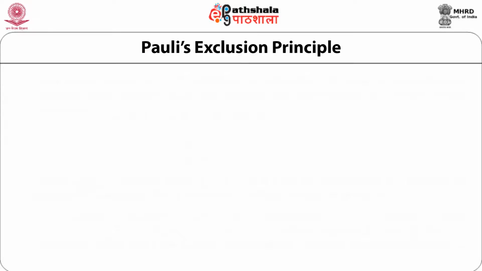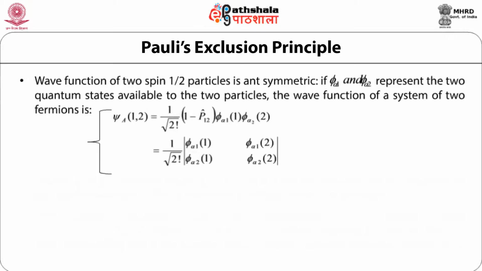Pauli's exclusion principle. Now, we know that the fermions have half-integral spins, whereas the bosons have integral spins. So, if we want to write down the wave function of two spin half particles, that is two fermions, then we know that the wave function is antisymmetric.